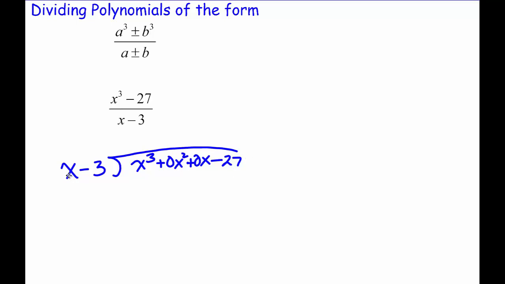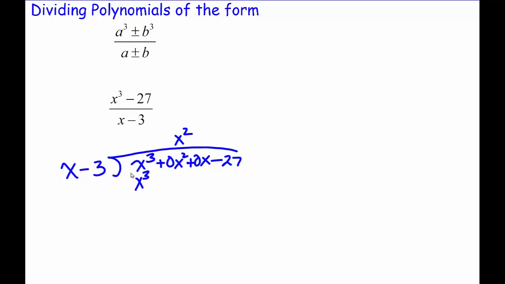Okay, so what we're going to do then is divide. x goes into x cubed x squared times. Notice I'm lining up like terms, and a lot of times that helps students make sure they place things appropriately in the bottom as you continue your division. So we do x squared times x is x cubed.